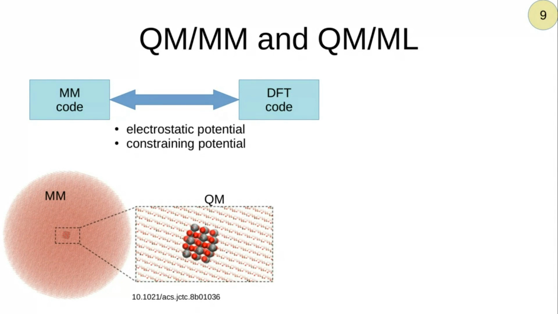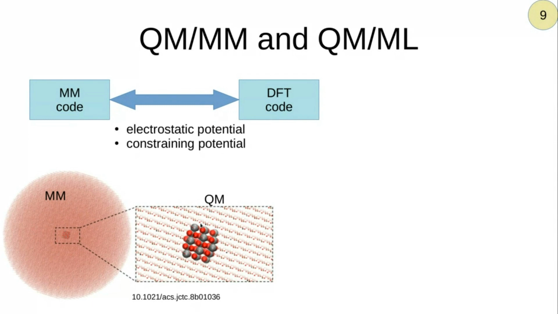In the multi-scale approach, you can join both molecular mechanics, or classical models, and quantum models for description of large systems, where you use classical models for the surrounding large part of the system and a quantum mechanical model for the small subsystem of interest.